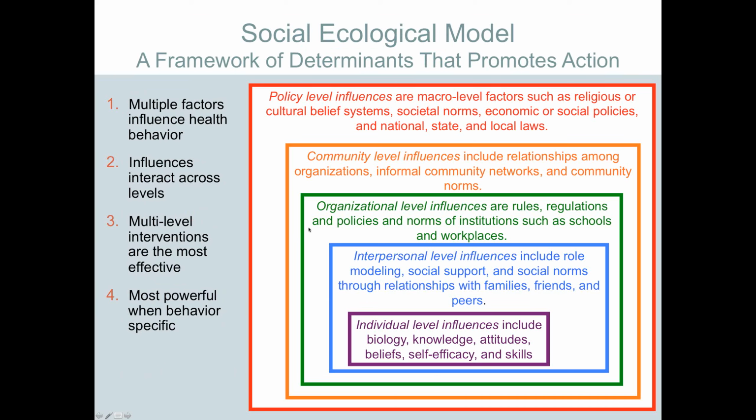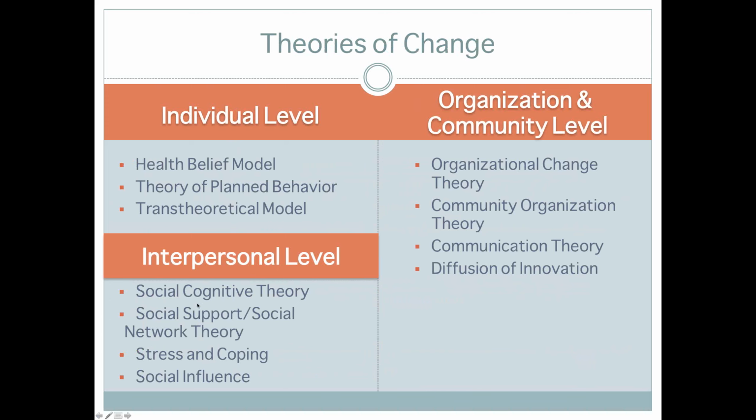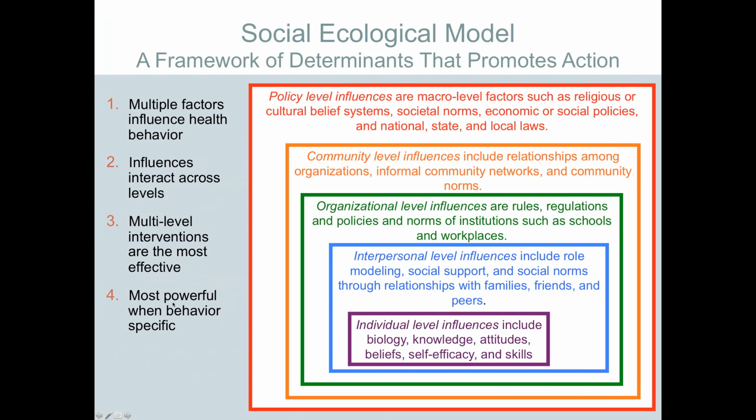At the organizational level, we're talking about organizations, and organizations are sitting in communities and they're sitting in societies. Organizations are also reflecting the context of the community that they sit in, and the community is reflecting the context of the society that the community is part of.